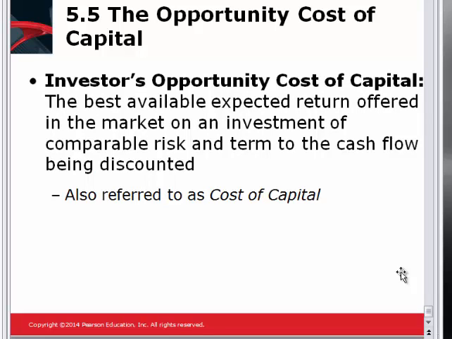And finally, what's this idea of opportunity cost? As we discuss interest rates and how you purchase things, especially from the corporate context, we want to talk about what's referred to as the cost of capital. What does it cost the company to borrow money?